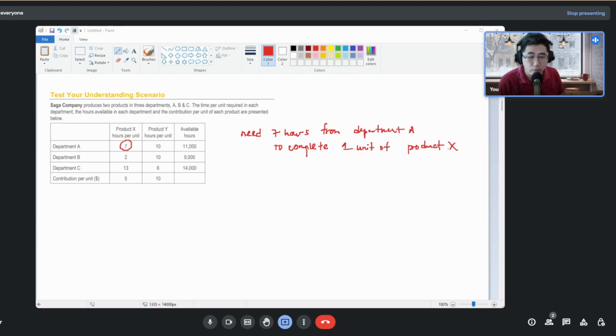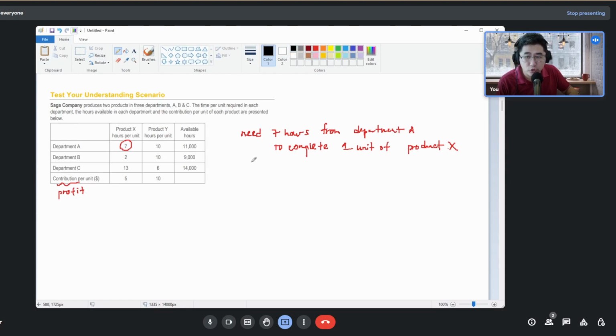So we want to find its constraint. We want to find its objective function. Over here, contribution means profit, so we want to maximize profit.